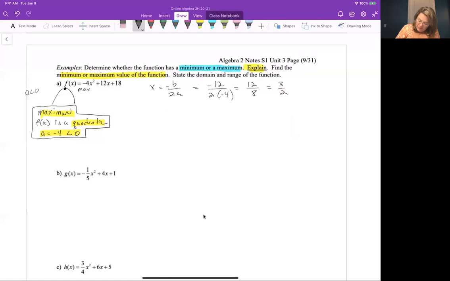So now I need to find the y value that is associated with 3/2, and that gives me negative 4 times 3/2 squared plus 12 times 3/2 plus 18. So let's do some simplification. So 3/2 squared is 9 over 4 times 4.